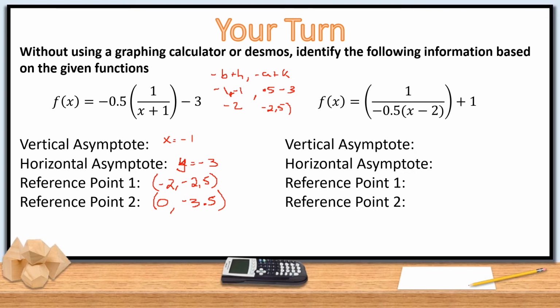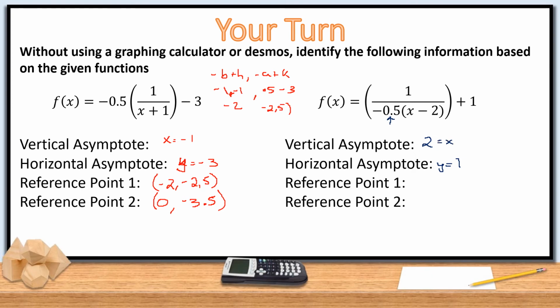For the other one, we've got a b value of negative a half as opposed to an a value. So let's see, that would be a vertical asymptote of 2. So h value is 2. Horizontal asymptote of 1, so y equals 1.